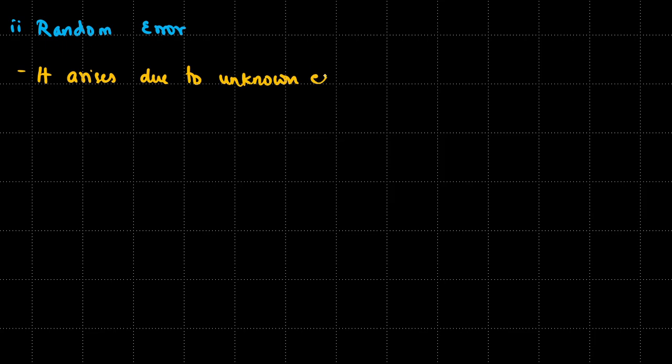Another kind of error that you must know is known as random error. The name is sufficient, but let's write the definition to make it clearer. Random error arises due to unknown causes.